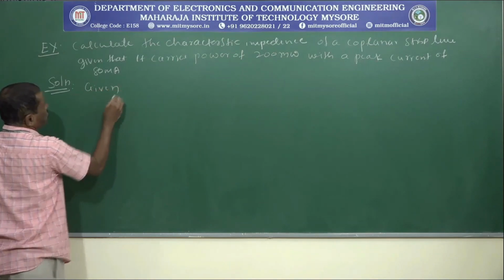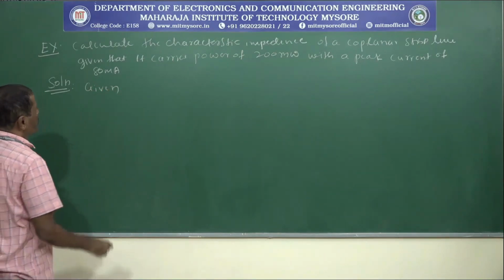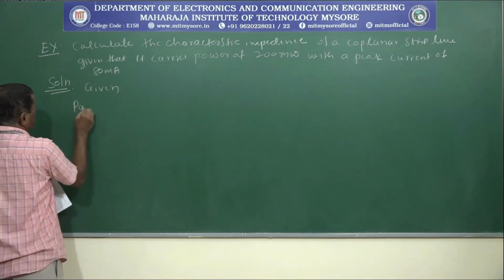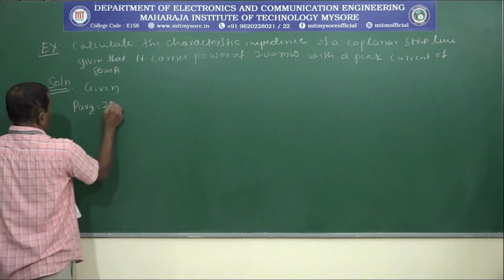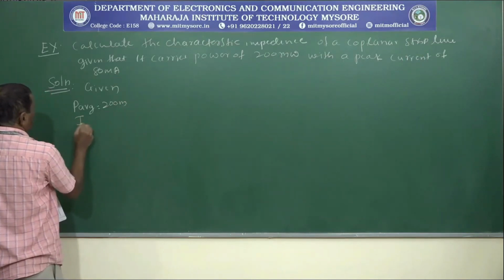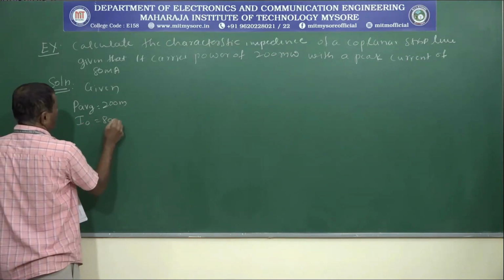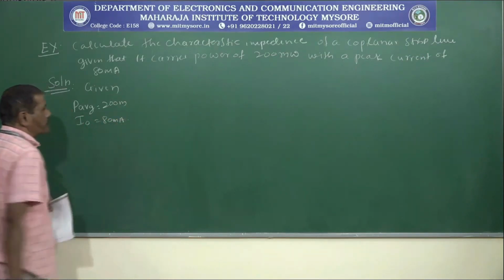Given values are P average is equal to 200 milliwatt and I0 is given as 80 milliamperes.